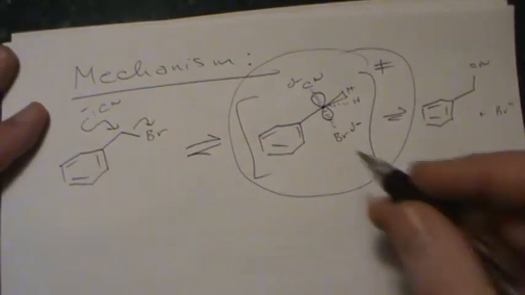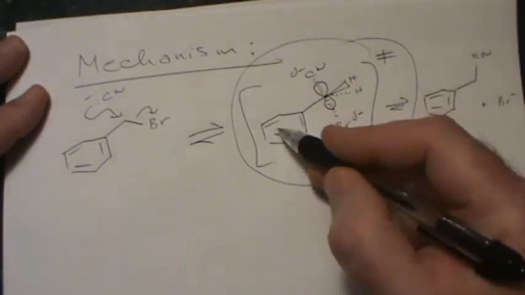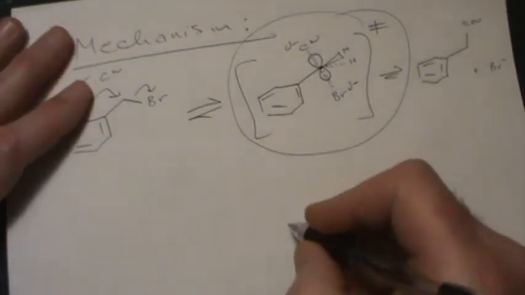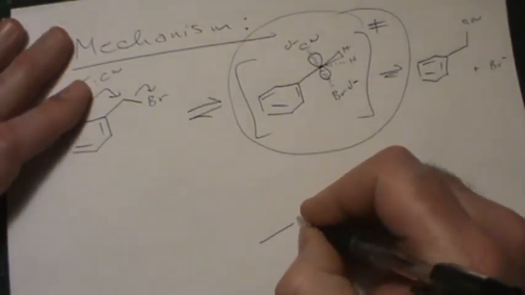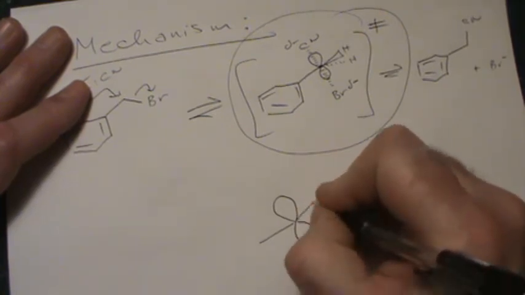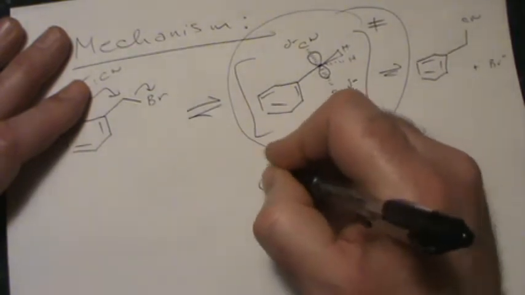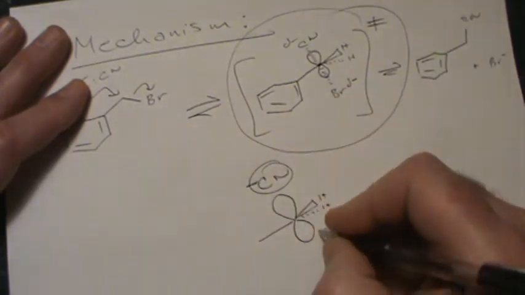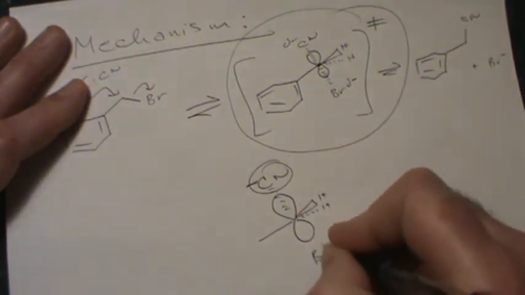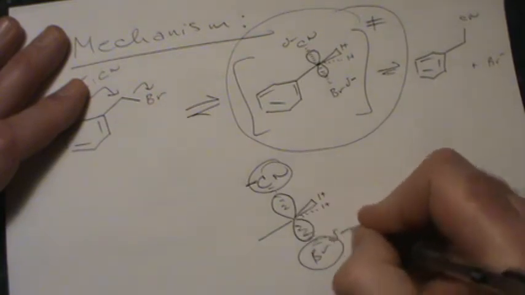Very interesting. Now, let me redraw this transition state just a little bit. What I'm going to do is take this benzene ring and turn it on its side. So right down here I'm going to redraw. I'll start with the benzylic carbon and the p orbital, and the two hydrogens attached to it, and the cyanide anion, which is coming in, and the bromide anion, which is beginning to form, the leaving group.